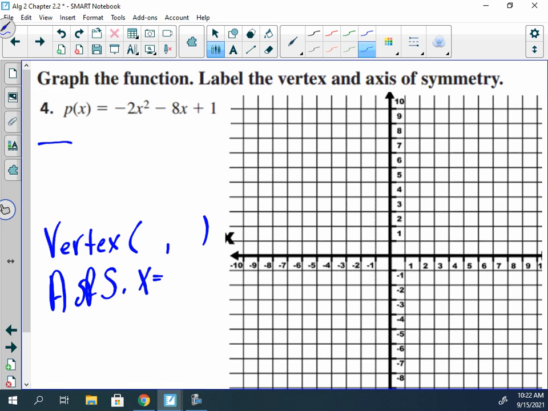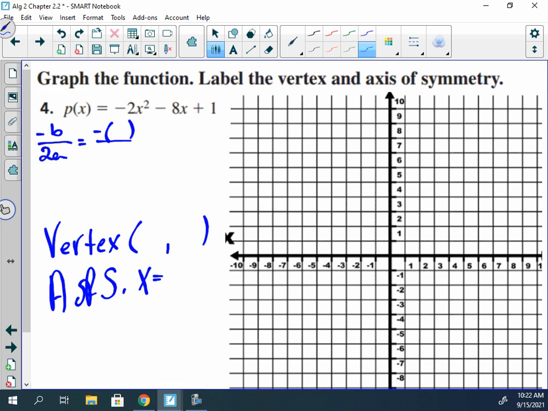So what's the first real thing we need to find? Is our negative b over 2a, because that's the x value of the vertex and our value for the axis of symmetry.